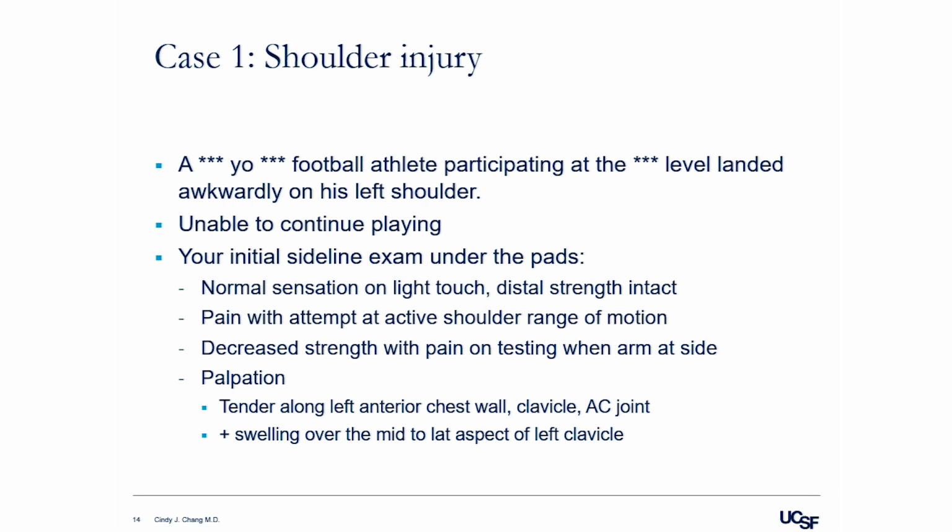Your initial sideline exam under the pads: normal sensation on light touch, distal strength is intact, pain with any attempt at active shoulder range of motion, decreased strength with pain on testing when the arm is at the side, because he doesn't want to lift his arms up. Tender along the left anterior chest wall, clavicle, AC joint, and you palpate and get some swelling over the mid to lateral aspect of the left clavicle.